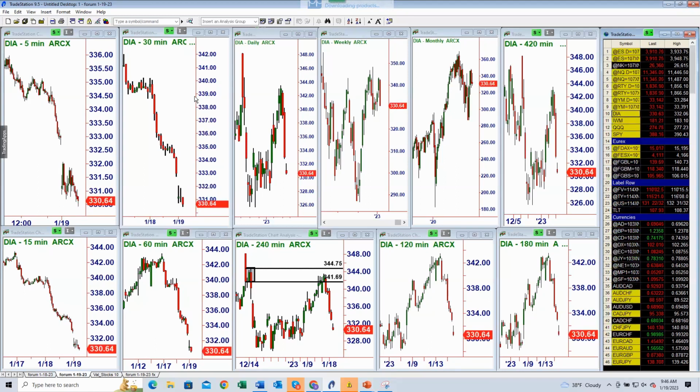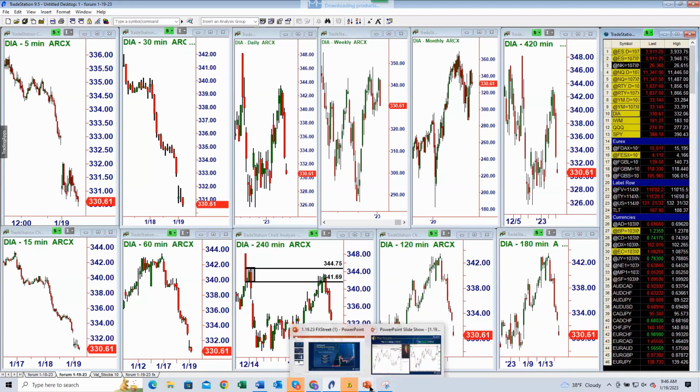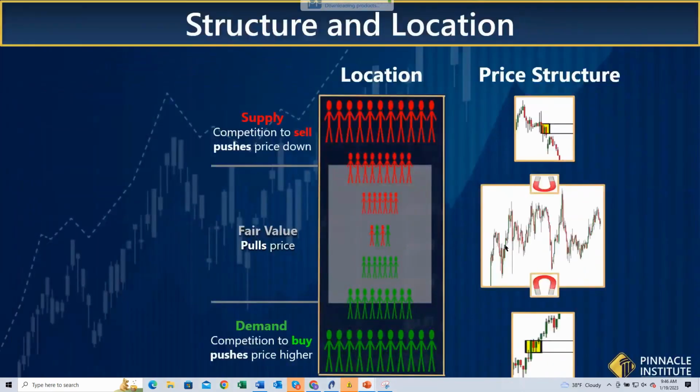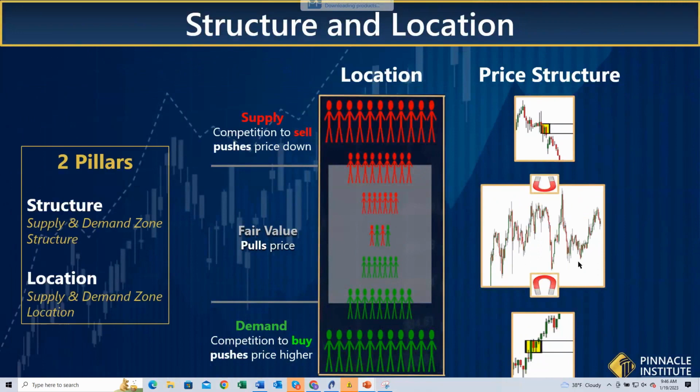The only reason I jumped on this a little bit more than I normally would is because the reality is the majority of people lose money, so we should spend a little time on that. Two of the big reasons why are likely buying and selling inside fair value. We don't want to do that.